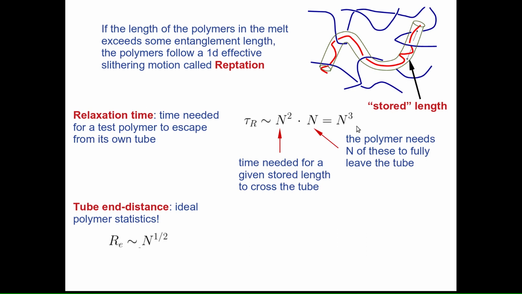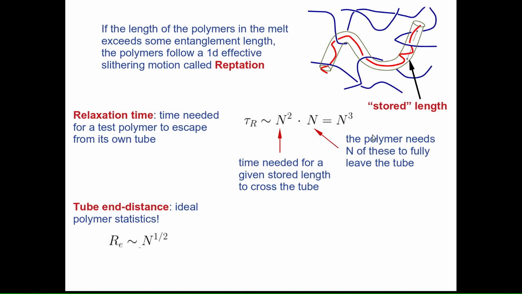And if we go back and look at the Zimm and Rouse models, this reptation time is much longer, right? So it is n to the third versus n squared for the Rouse model, and n to the power 3 nu for the Zimm model.